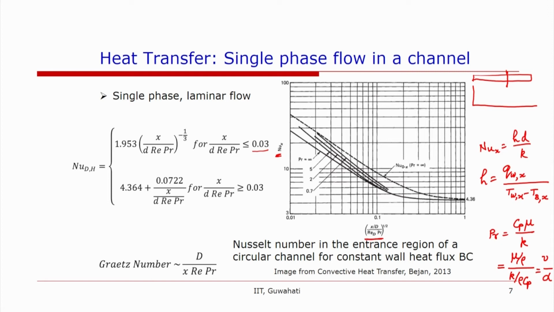Inversely, this is written as, we can change this to small d for uniformity, d over x Re Pr. So, this term is also known as inverse Graetz number.